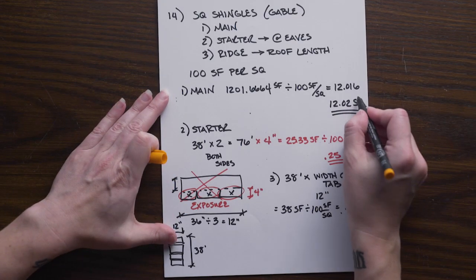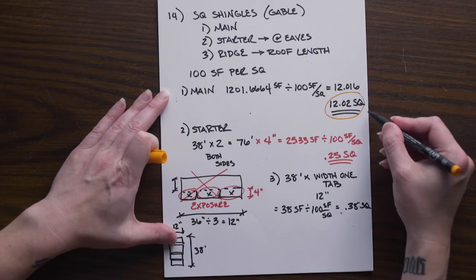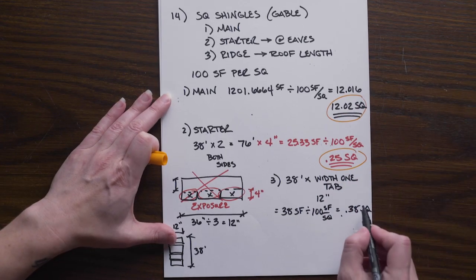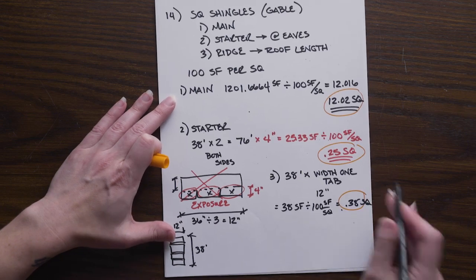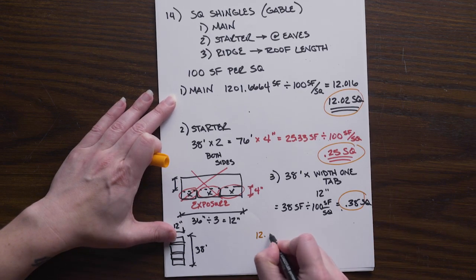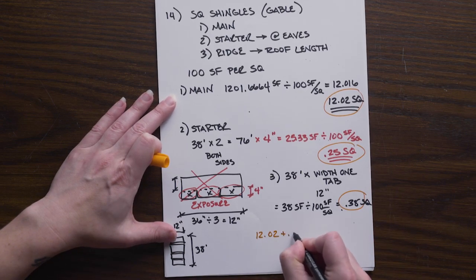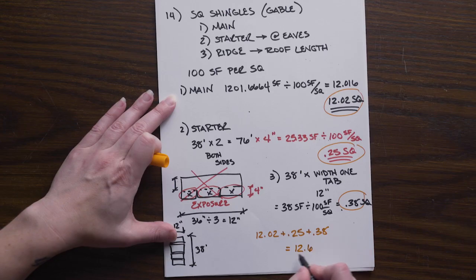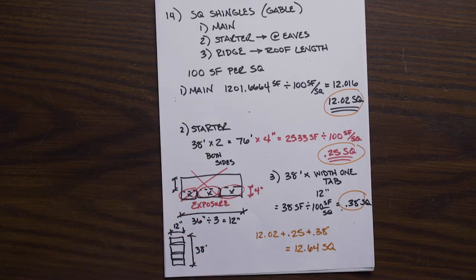So if we go through and look at the main area, our starter, and our ridge, we have 12.02 plus 0.25 plus 0.38 for a total of 12.64 square of shingles.